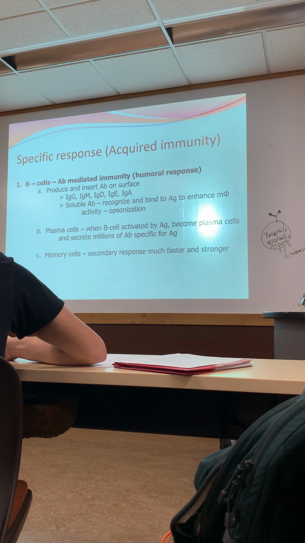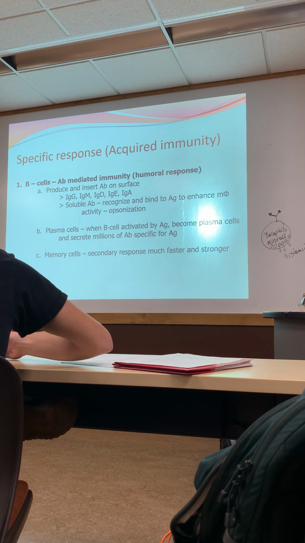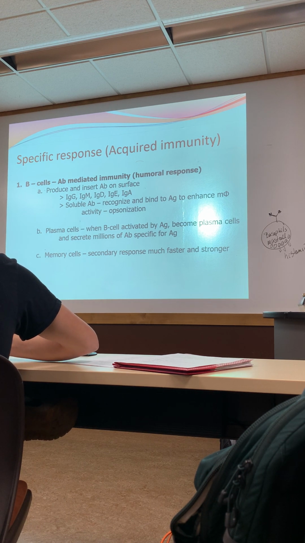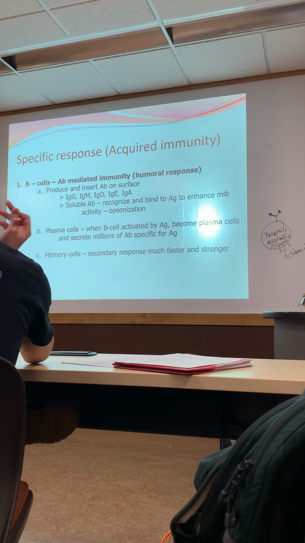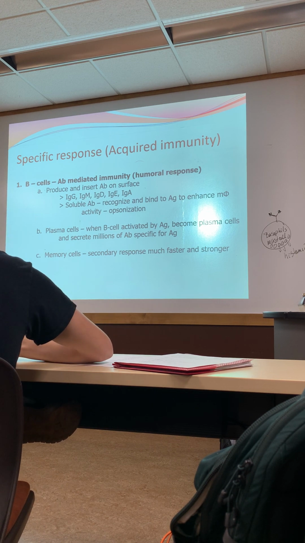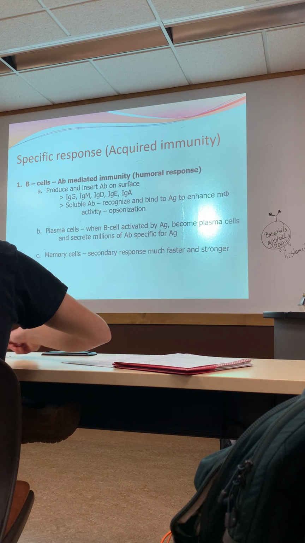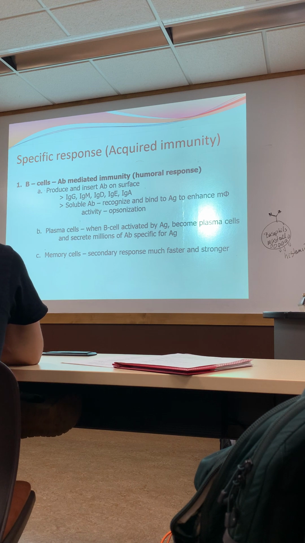If you've got a bacterium or a virus, whatever, that is surrounded by antibodies, it makes your macrophages, your phagocytic cells, find it and eat it faster. So it doesn't kill the thing, it targets it for destruction. In other words, it helps your macrophages and your neutrophils find it faster.